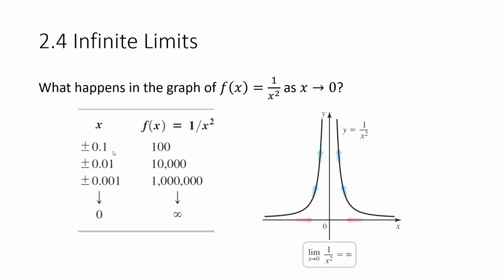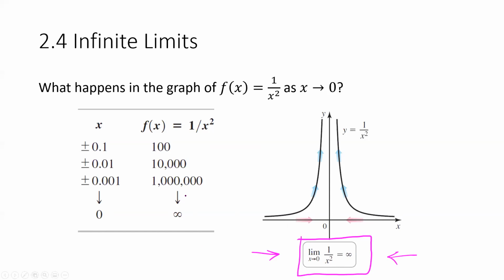Now, here's the same thing, right? So you've got the table of values, and you've got the graph. In either case, you can see that as x approaches 0, I've written it here, we can think of this as saying that the limit as x approaches 0 of 1 over x squared is equal to infinity. Because the values just keep getting bigger and bigger and bigger.